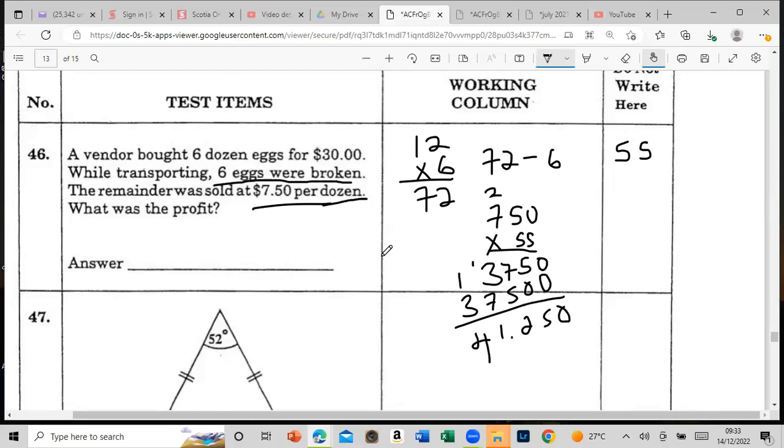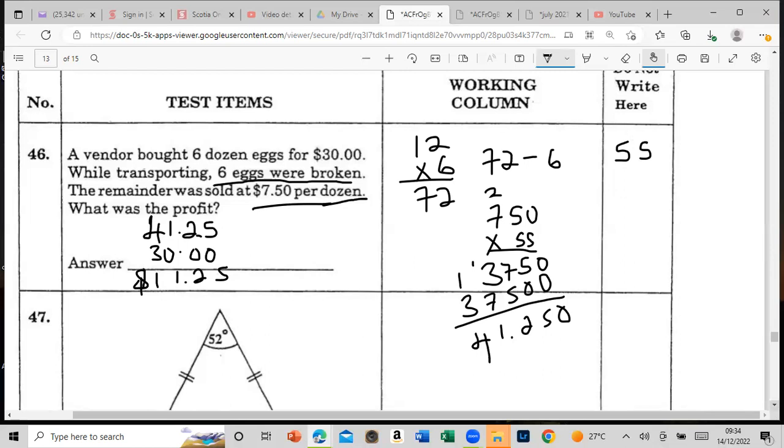So when you sell off all of them, you make $41.25. Alright, so all I have to do is subtract $30 from this, and this will be our profit. So that's 5, 2, 0 from that, leave 1, 0 from that. So he made $11.25. That is not bad.